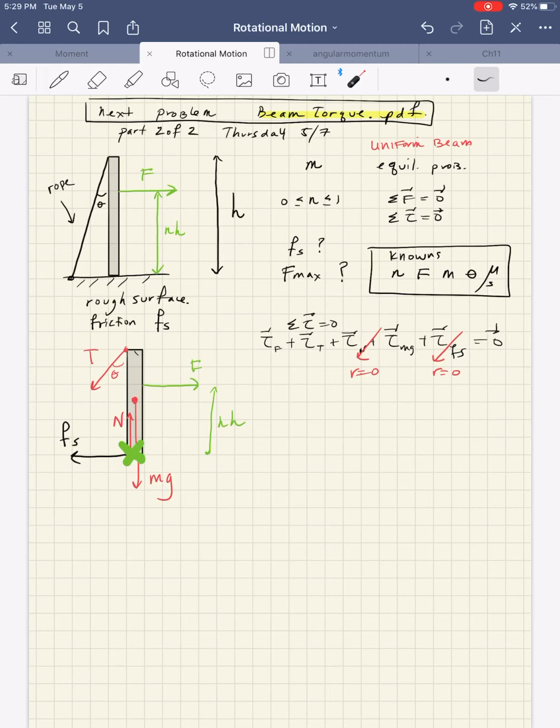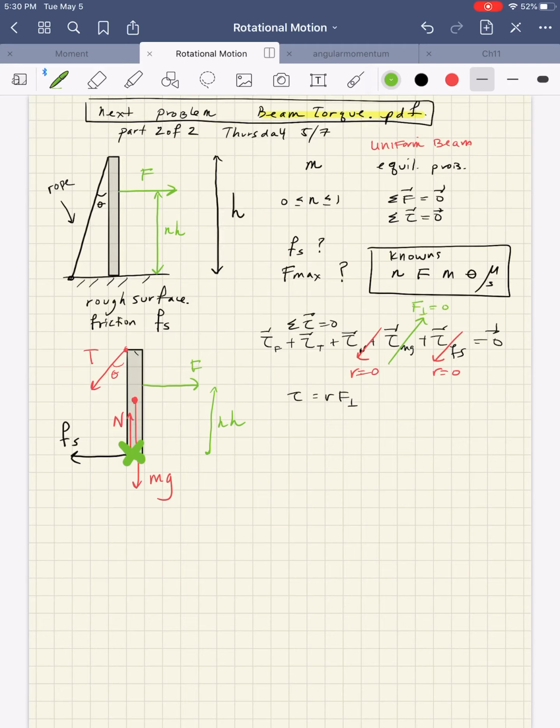And I'm right away going to argue that gravity does not contribute, because if this is the r vector right here, mg is entirely parallel to the r vector. So if the magnitude of a torque is r times F perpendicular, for gravity, F perpendicular equals 0.